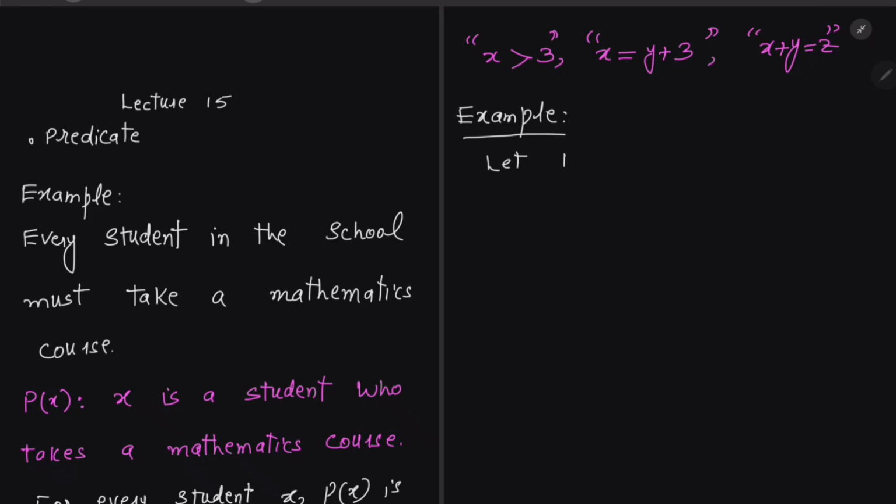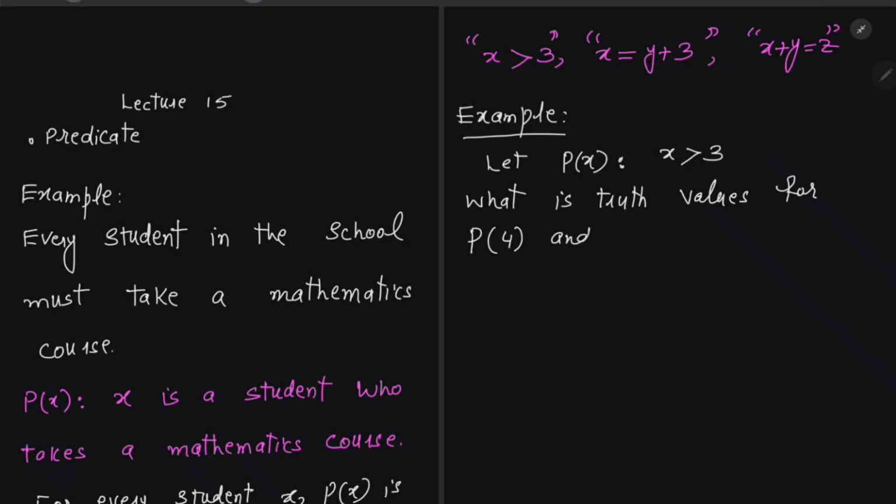Suppose let P of x be the statement x greater than 3. So it means that this P of x is x greater than 3. Now the question is, what are the truth values for P of 4 and P of 2?